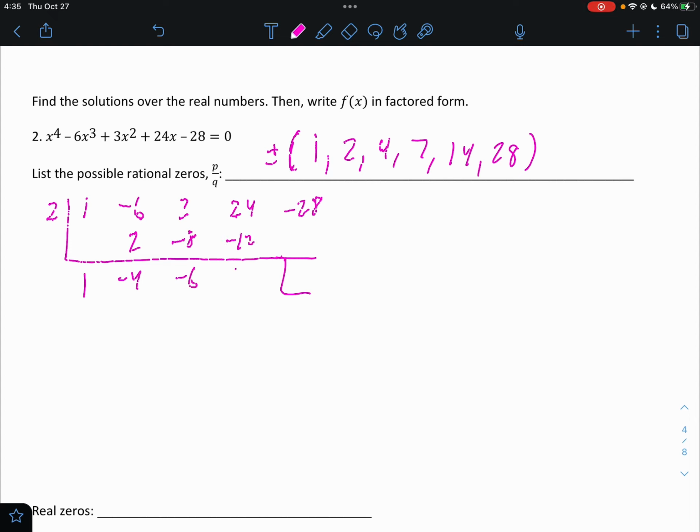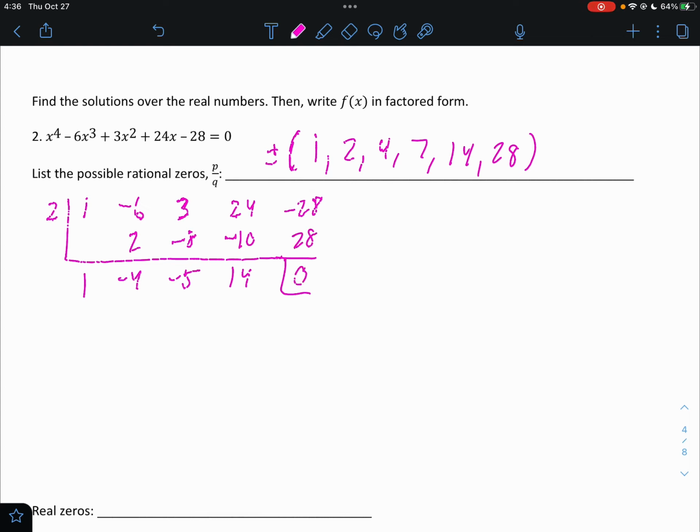I can't read my own writing. This is normal for me at this point. This is not a 2. This is supposed to be a -3. Or sorry, +3. Which would make this a -5. Make this a -10. Make this a 14. Make that a 28. And there's our 0. Okay, I knew I was doing something wrong there. So x equals 2 is one of our answers.